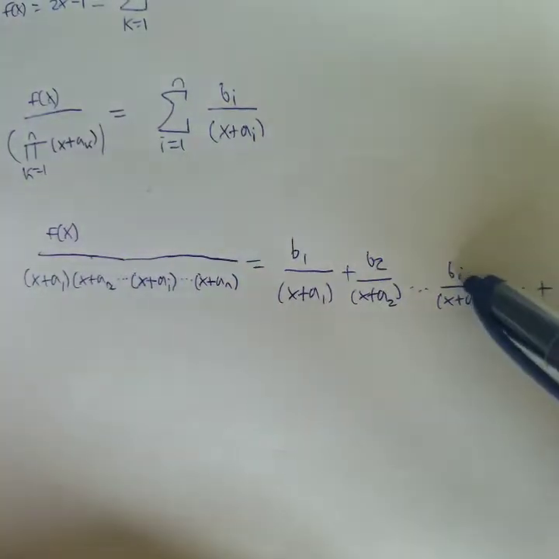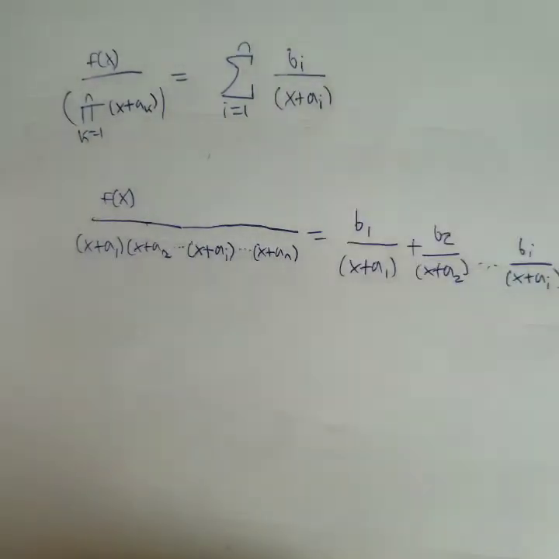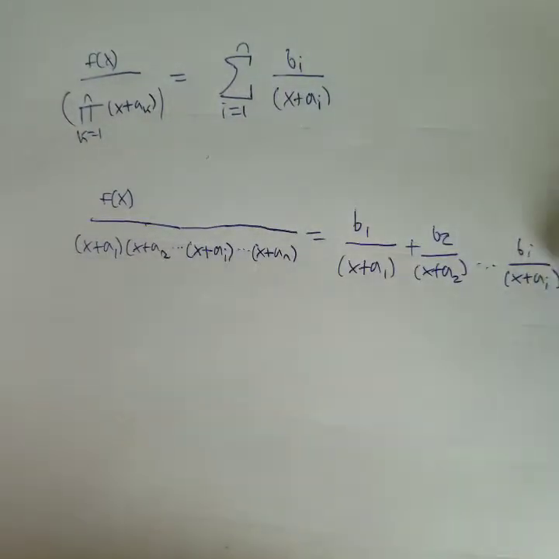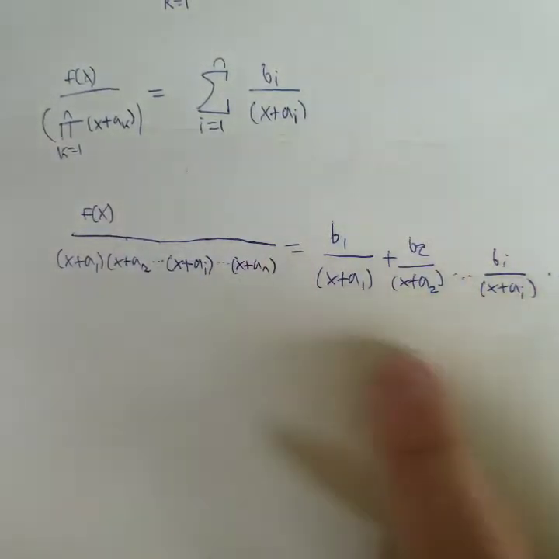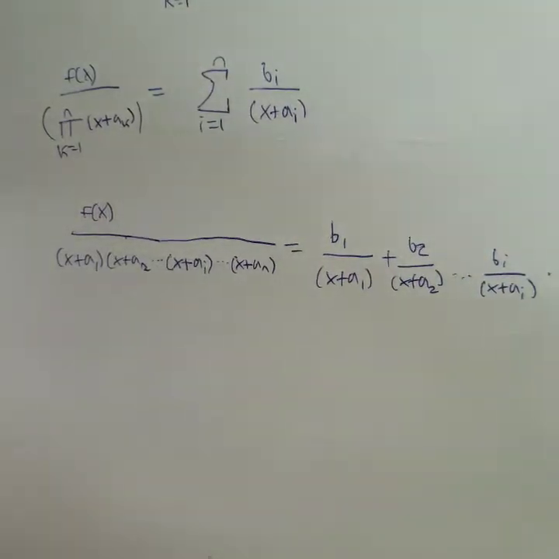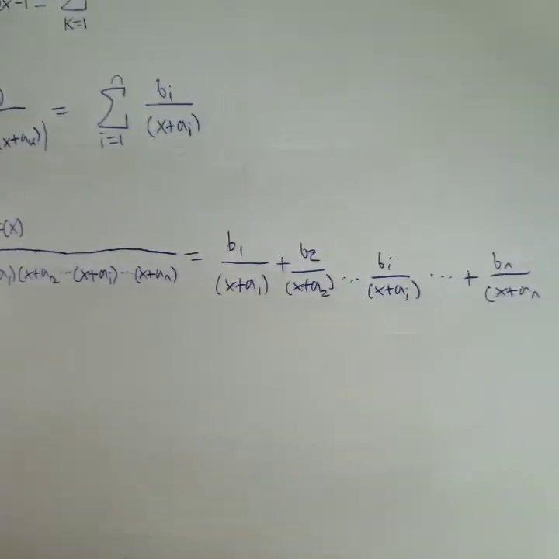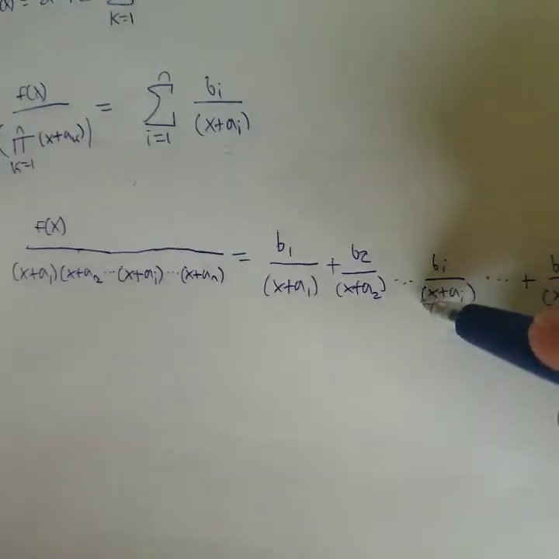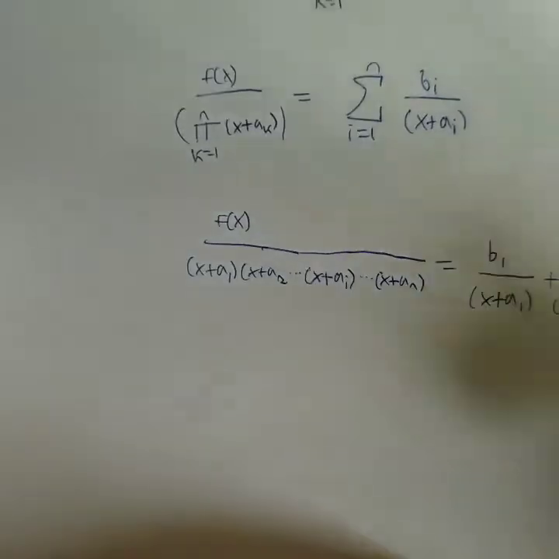So we want to find b i here, and we don't have any bias towards b i in particular. It's just any term. It could be b1, b2, b n, anything. So we're trying to be generalized here. Now suppose you multiply all these terms by the denominator x plus a i.